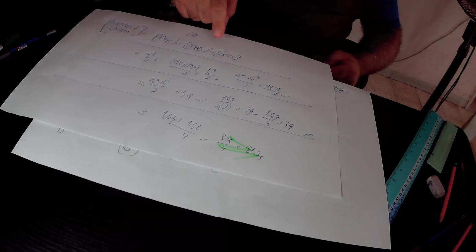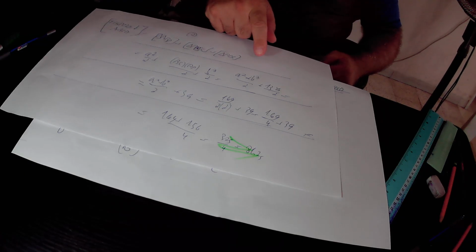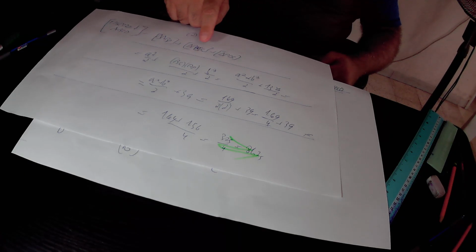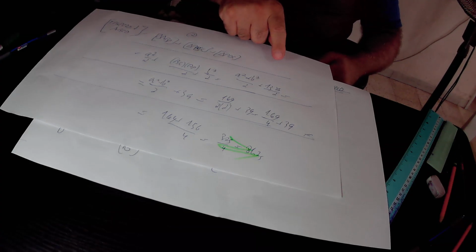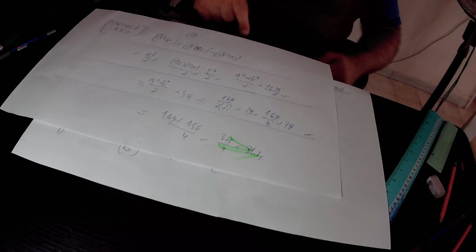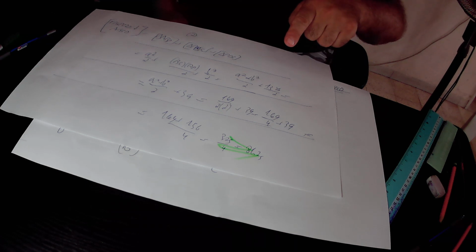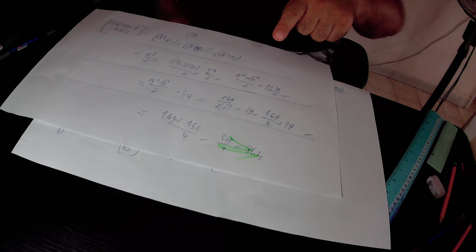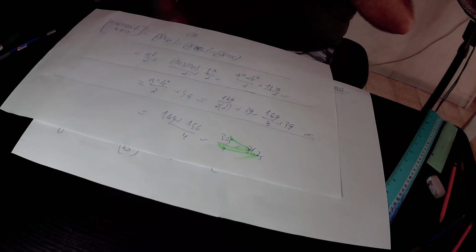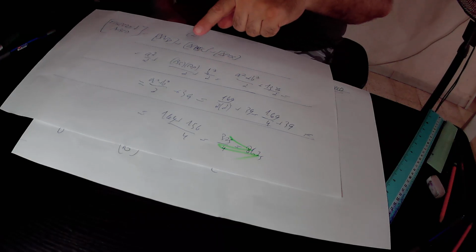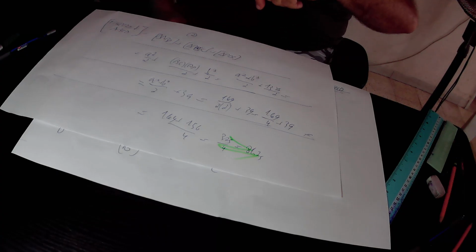So A squared over 2 plus B squared over 2 is A squared plus B squared over 2. BC is 13, PQ is 6, divided by 2. 13 times 6 over 2 is 3 times 13, which is 39. So in total, the area of trapezoid ABCD equals A squared plus B squared over 2, plus 39.